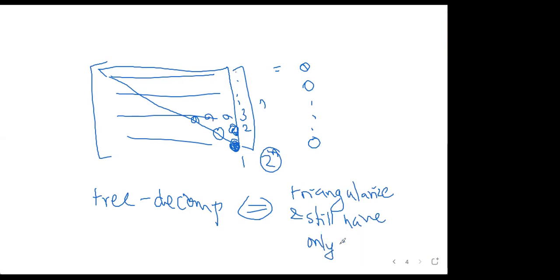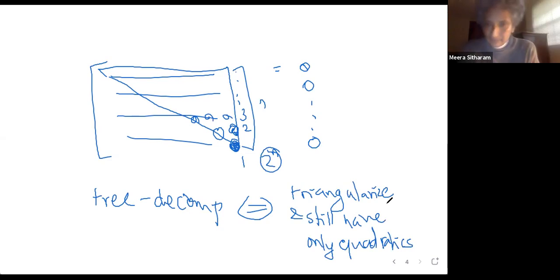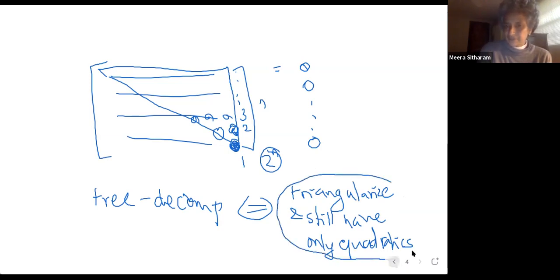Hey, Meera. Yeah. So the way to reduce the two quadratics and two unknowns to a single quadratic is by Gröbner basis, you're saying? No, you don't have to. You don't need Gröbner basis for that, right? Oh, okay. All I'm saying is that if you did the very general Gröbner basis method, you can still triangularize, but you'll end up with equations having very high degree.